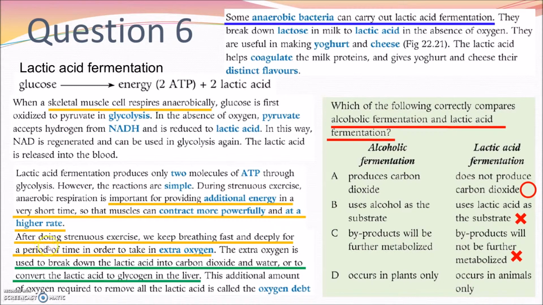Remember that after doing rigorous exercise, we keep panting fast and deeply, because we would like to intake extra oxygen, and the extra oxygen will be used to break down the lactic acid or convert it into glycogen in the liver. And then the last one, "in animals only", of course not, because the anaerobic bacteria can also carry out lactic acid fermentation.